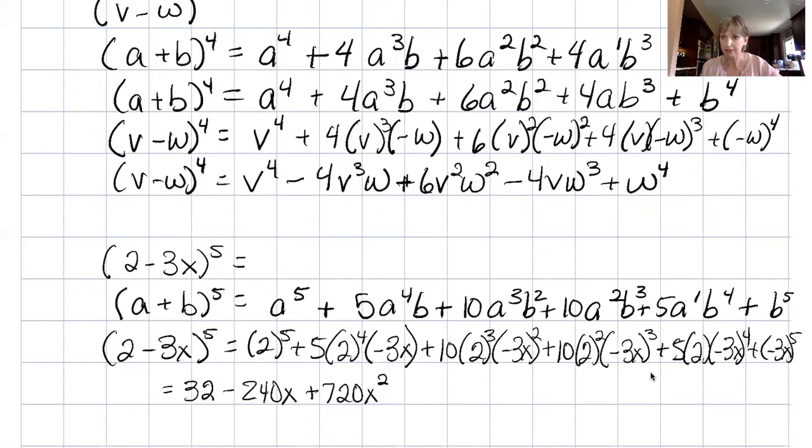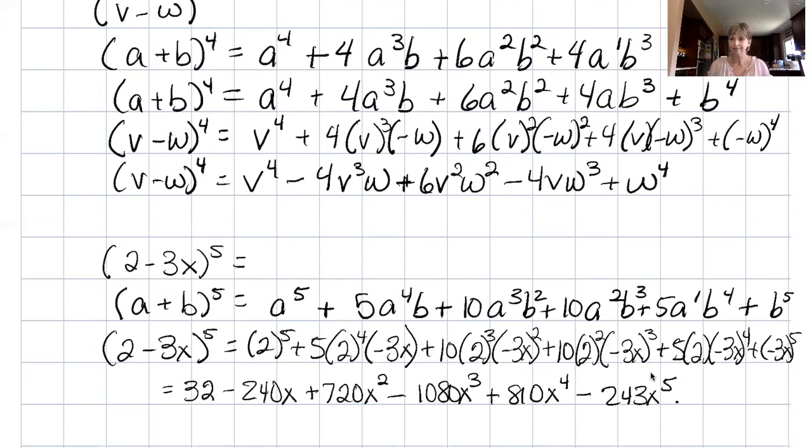The next one, negative 3 cubed is negative 27, times 4 times 10, times x cubed. Negative 3 to the 4th power times 10 would be 810x to the 4th. And negative 3 to the 5th is negative 243x to the 5th.